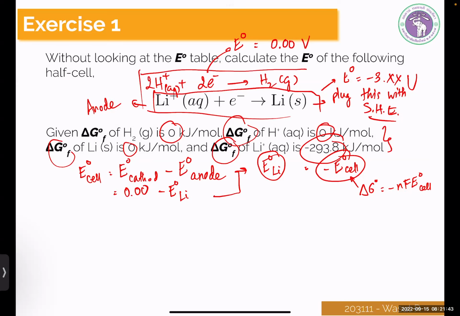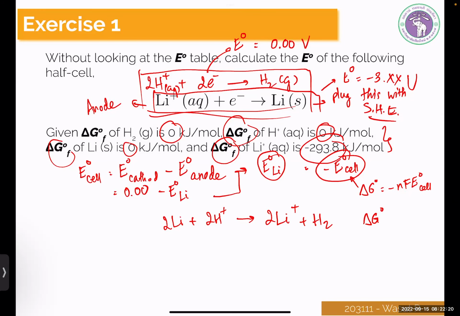If you combine these two half cells, what you get will be this: 2 lithium plus 2H plus goes to 2 lithium plus plus H2. This is the net equation when you combine the two together, right? I want to calculate the G naught of this reaction. How do I do that?